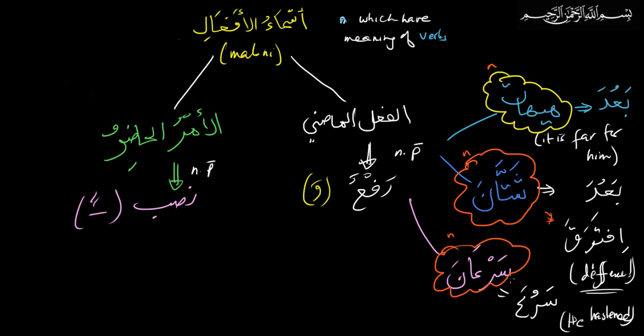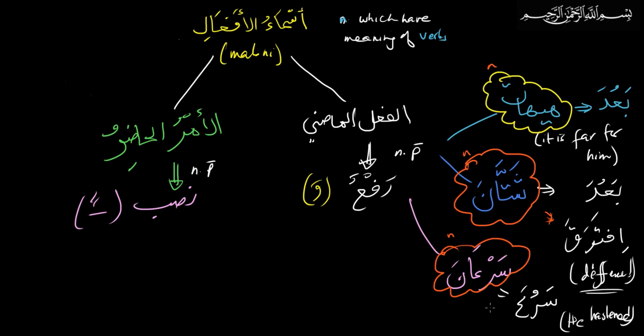And sar'an has the meaning of saru'ah, he hastened. So these are all nouns in the meaning of fi'l madi. For example, you can say sar'an Zayd, meaning Zayd hastened.